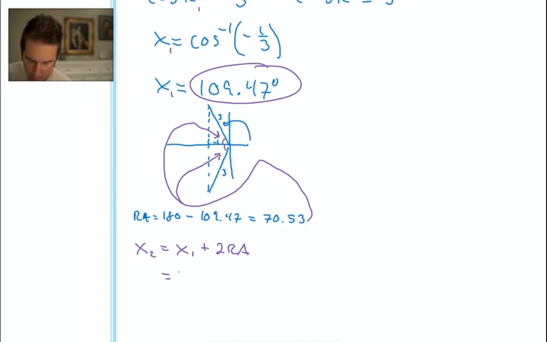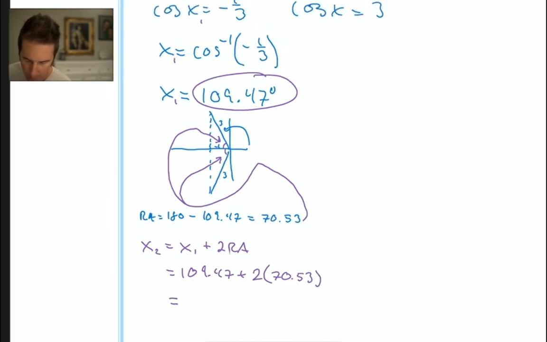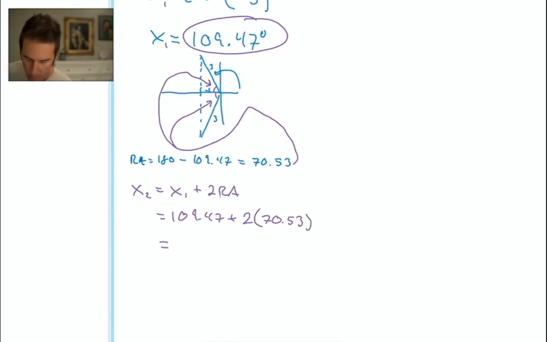So that is the 109.47 plus 2 times the 70.53, which gives us our second final answer of 250.53. Oops, needs to be a 5 in there. 250.53.